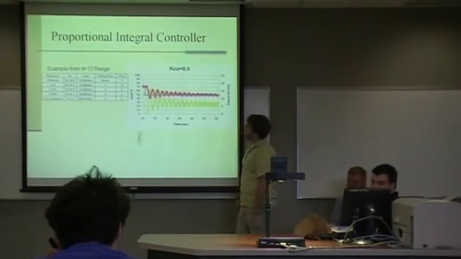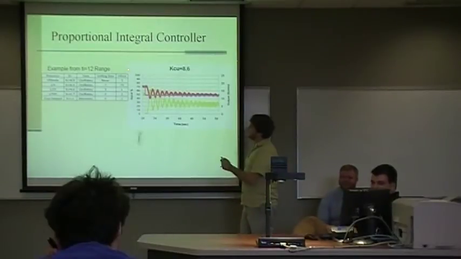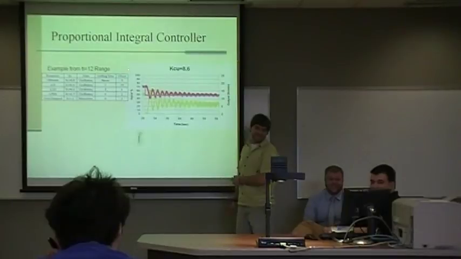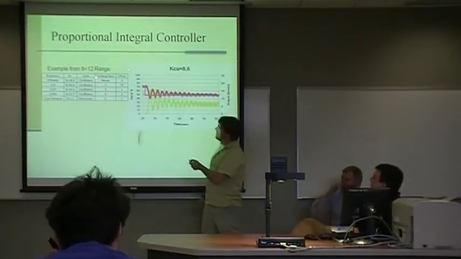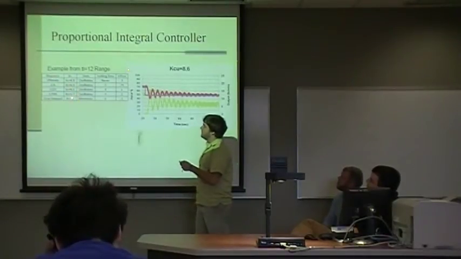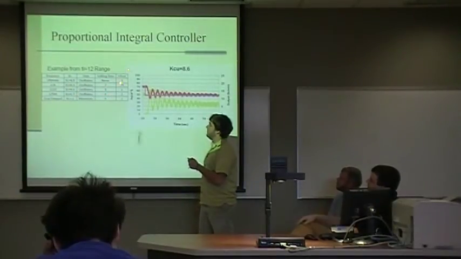And then this is the KCU at 8.6, TI 12, and this is the KCs and the settling time. See, this is offset right there.